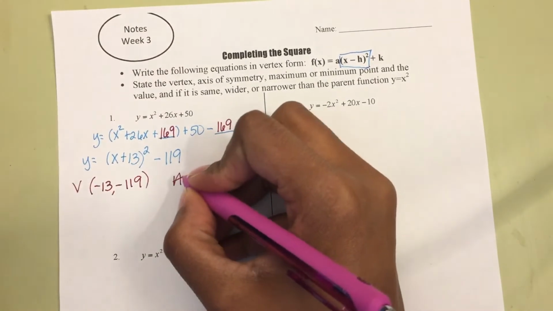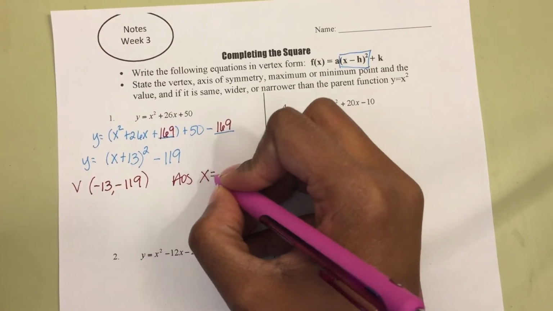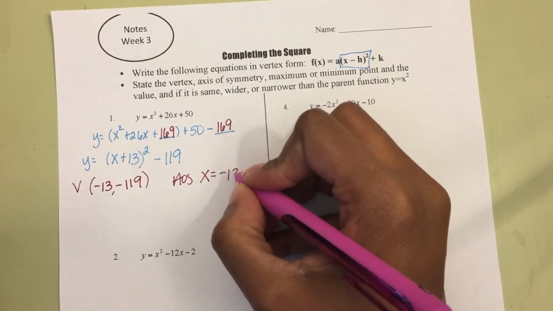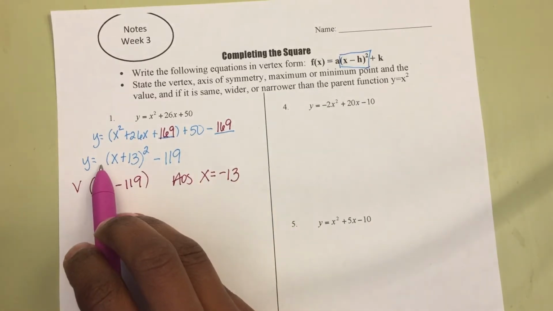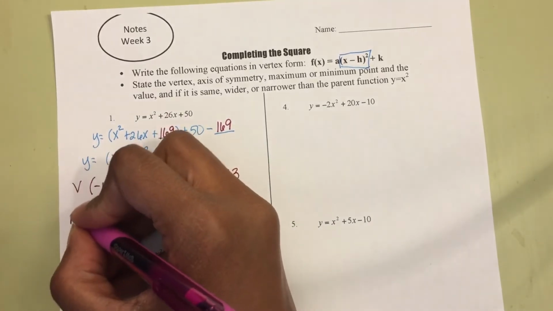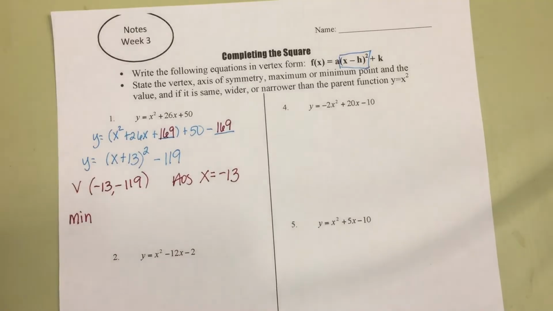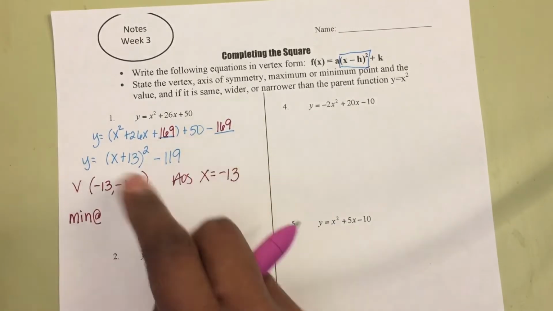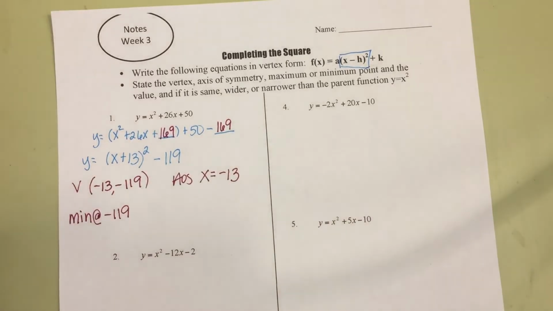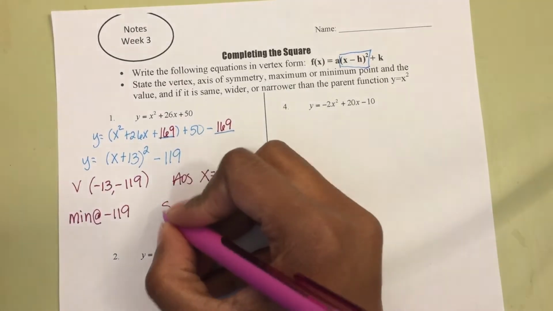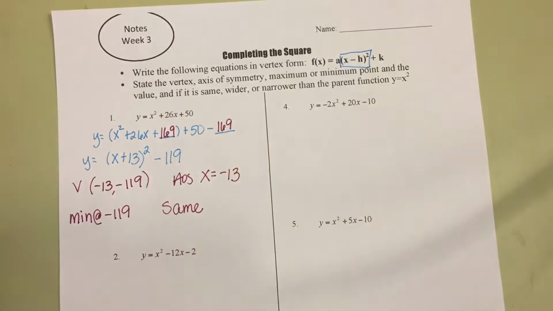The axis of symmetry is x equals negative 13. Make sure you put the x equals. And then because a is positive, it's a min, and then at whatever your y value is. So at negative 119. And then same, narrow, wide also deals with your a value, and because a is 1, it's the same.